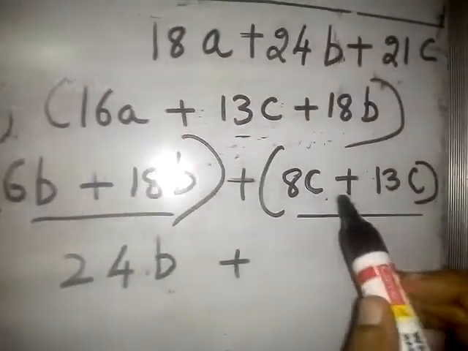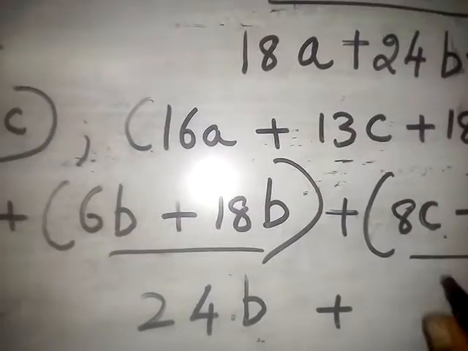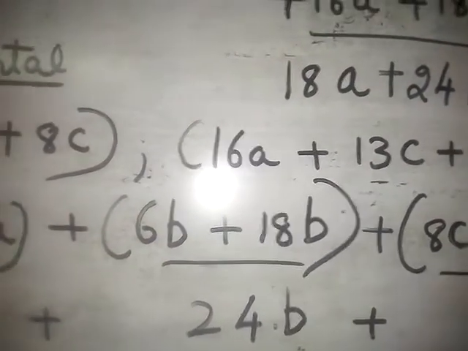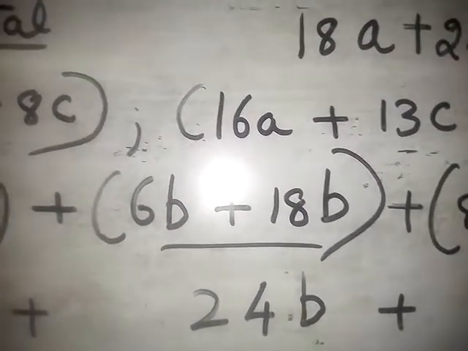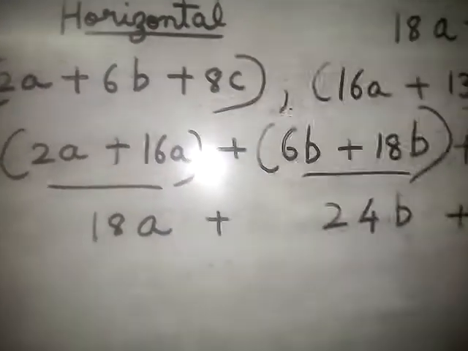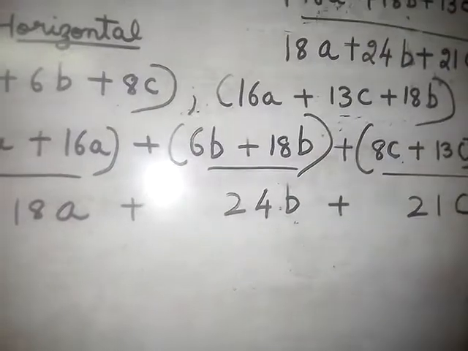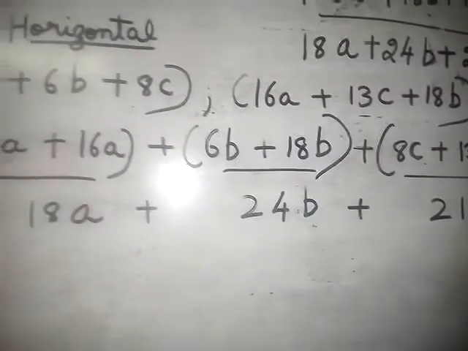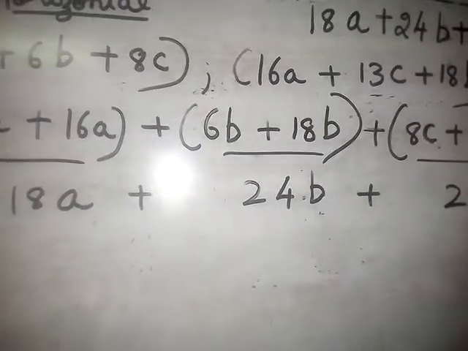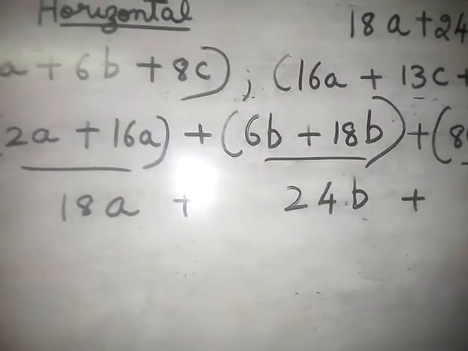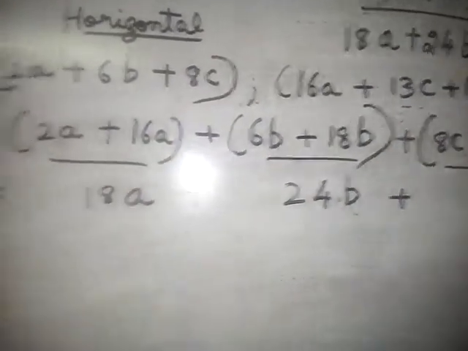Plus c, 13 plus 8, 21. So now we get the answer in unlike terms: 18a plus 24b plus 21c. Unlike terms cannot be added. Different variables are there, so the numbers cannot be added. So this is the answer.